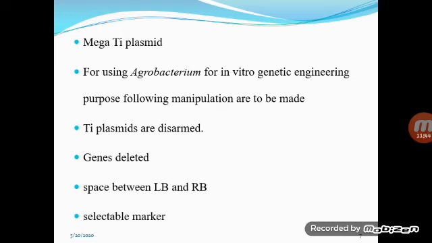A selectable marker gene providing resistance against antibiotics like kanamycin is also inserted into the T-DNA region. The oncogenic problem can be solved by use of disarmed T-DNA from which these genes are removed.